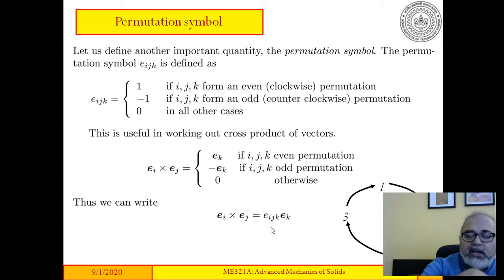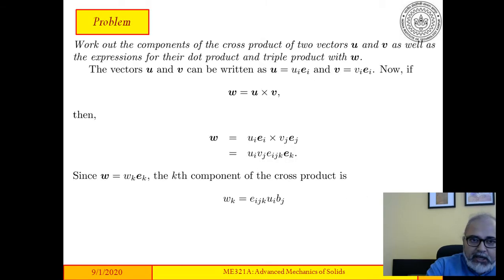So now having learned the permutation symbol and the Kronecker delta, we will be able to work with vectors quite efficiently. So let us take a problem and let me try and work this out with this fancy tablet that I have.